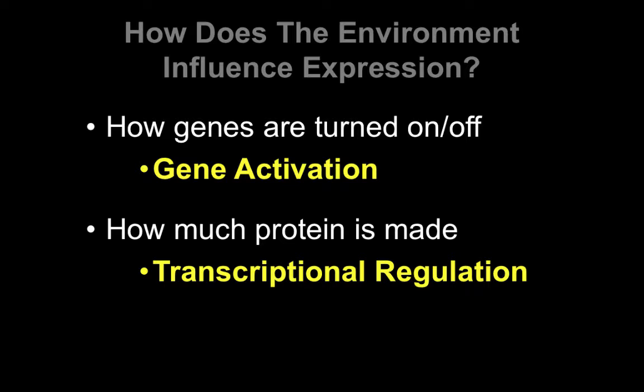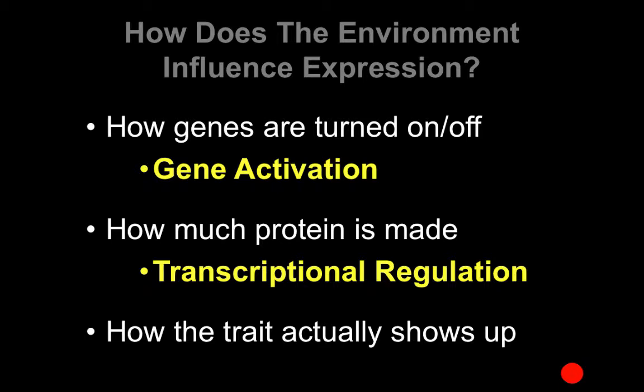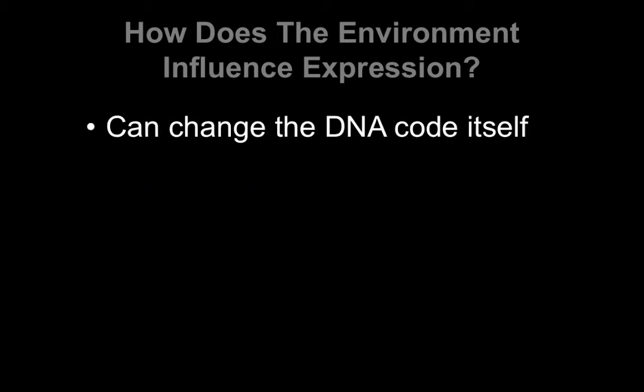It regulates how much the gene is turned into a protein. It can influence how the trait actually shows up, and we'll look at that. And it can actually change the DNA code itself, and this is through mutations. We will look much more in depth at mutations in a future lesson.